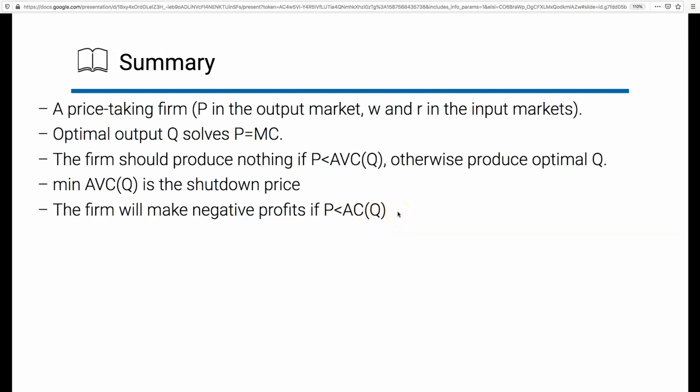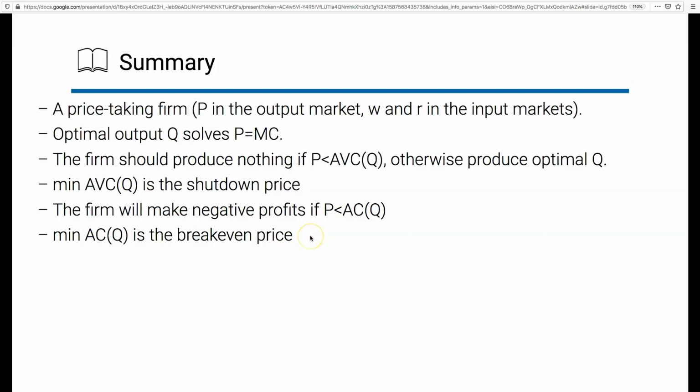With respect to negative or positive profits, we think about minimum average cost of output as the break-even price. If the price falls beneath the minimum average cost, which was 31.6 in our example, then the firm is going to be making negative profits. If the price is above 31.6, it's going to be making positive profits.